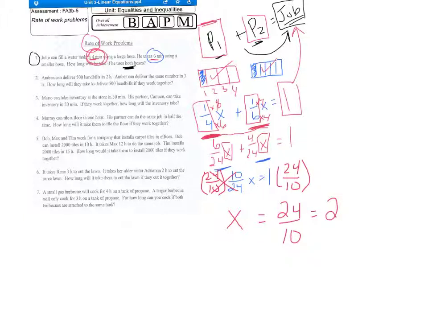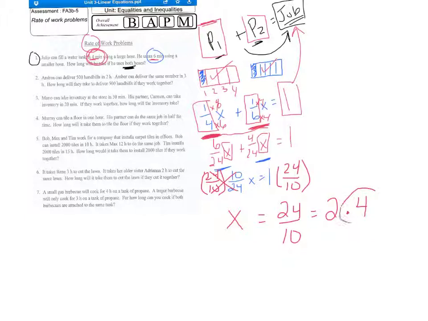To get rid of a fraction in front of it, we multiply by its reciprocal. It's 24 over 10. We multiply the other side by 24 over 10 as well. We're left with x on this side equals 24 over 10, which equals 2.4. Now 2.4 is a good answer, but if you're talking about time, you're going to want to convert this to time.